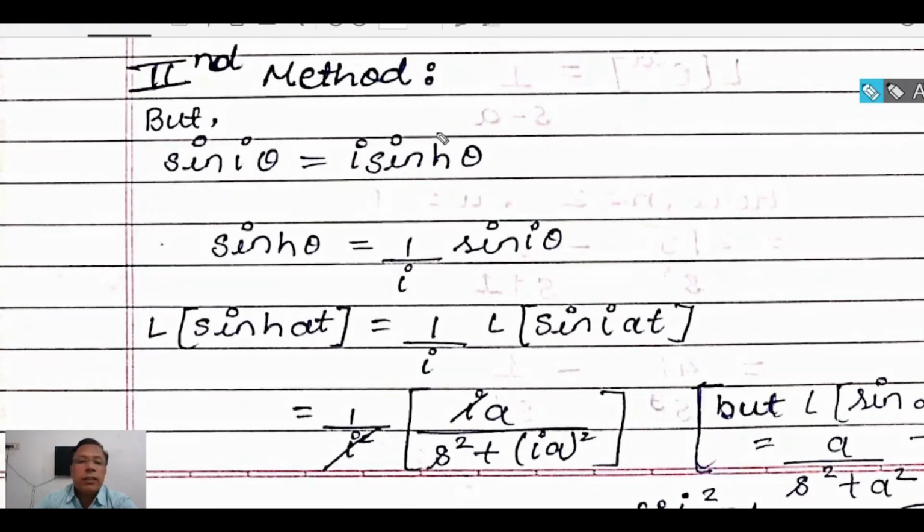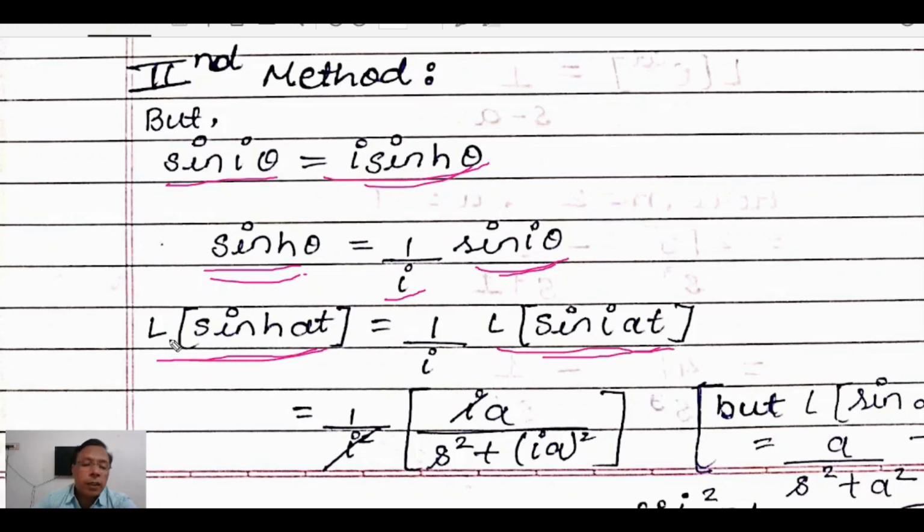We know that sine i theta equal to i sine hyperbolic theta. So we can write sine hyperbolic theta equal to 1 upon i sine i theta. So taking Laplace transform both sides, we have Laplace of sine hyperbolic a t equal to 1 upon i Laplace of sine i a t.